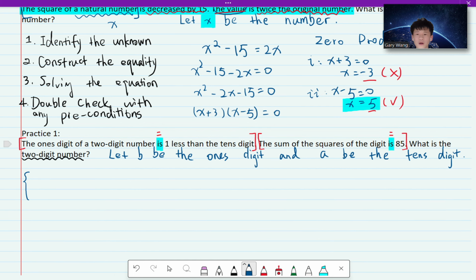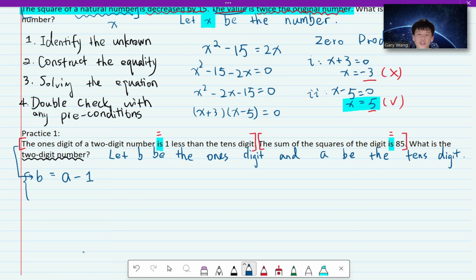So the ones digit of the two-digit number, which is b, as we declared at the beginning of the question, is 1 less than the tens digit. The tens digit is a, as we declared, and 1 less than that. So this would be the equation we can obtain from our first condition.